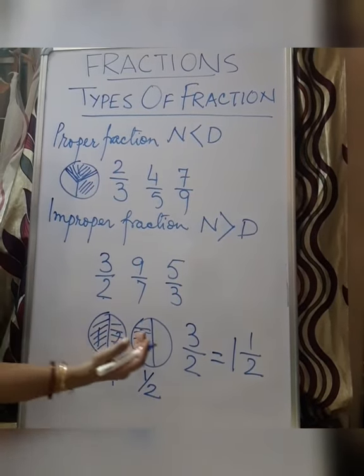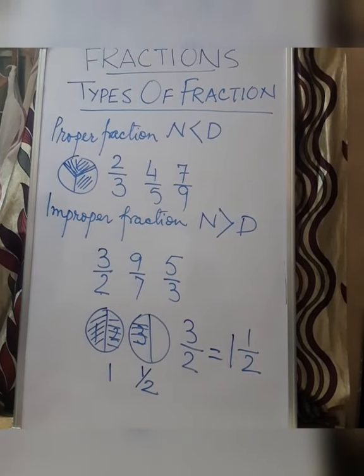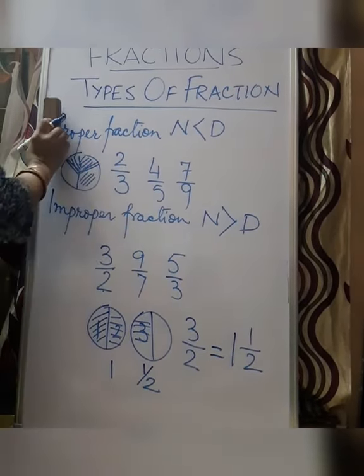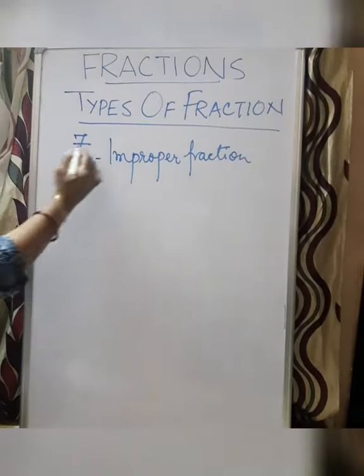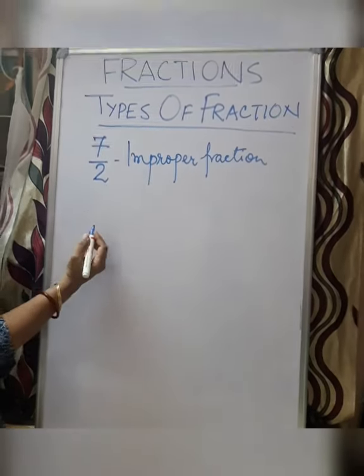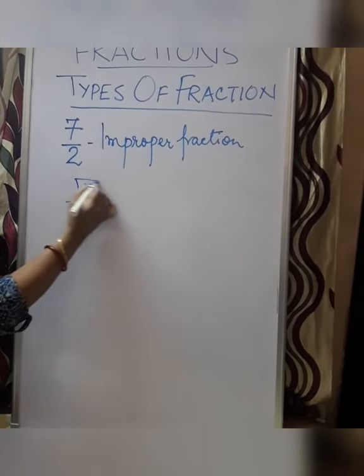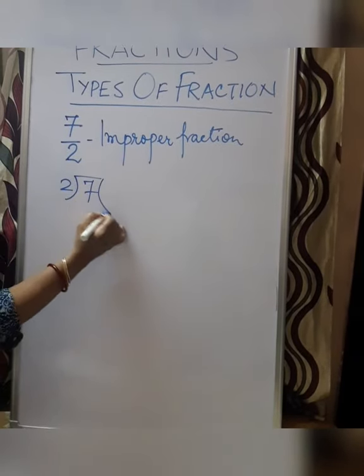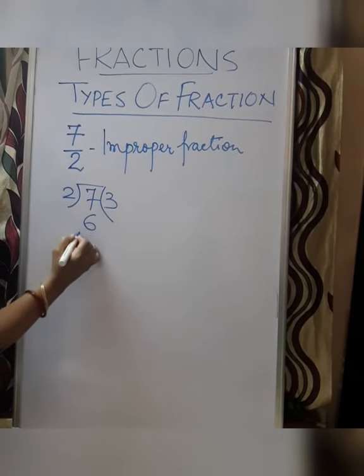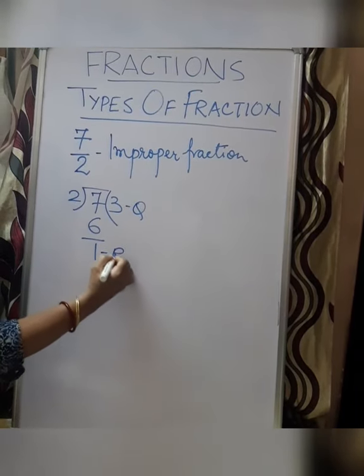So how can we change improper to mixed and mixed to improper? I am going to show it now. 7 by 2 is an improper fraction. We will change it into a mixed number. What do we do? We divide 7 by 2. So 2 3s are 6 and 1. This is the quotient and this is the remainder.